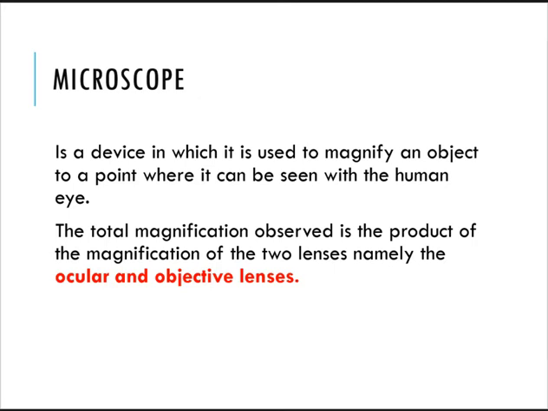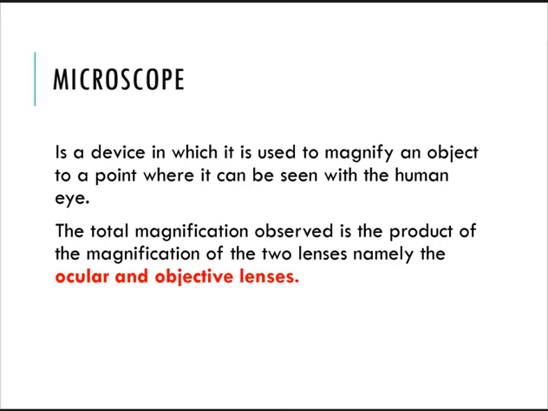And then we also have here the total magnification observed, which is the product. So you are going to multiply the magnification of the two lenses, namely your oculars and then your objective lenses. We'll delve into that deeper when we tackle the different parts of your microscope.